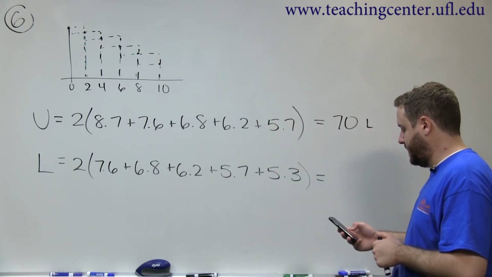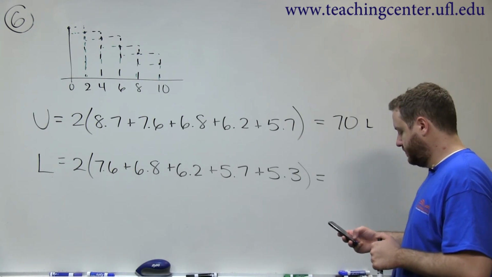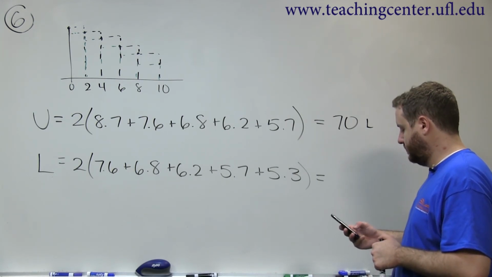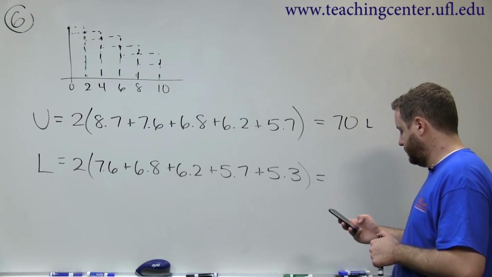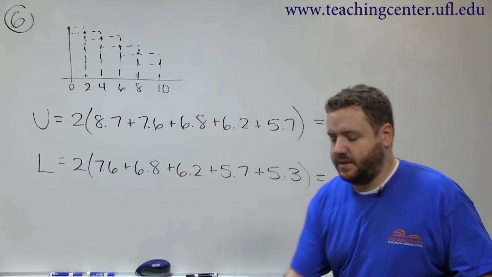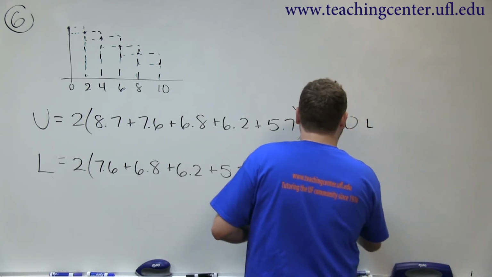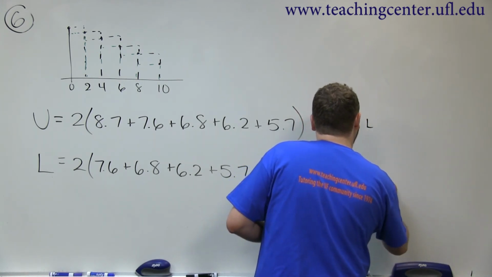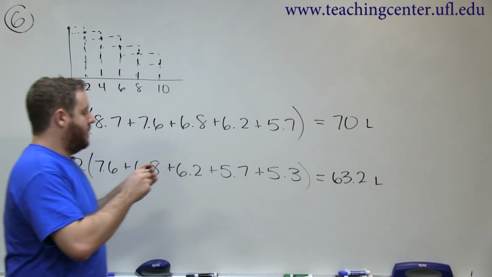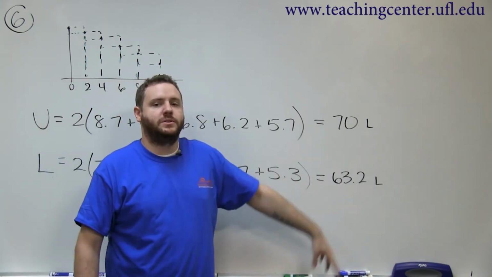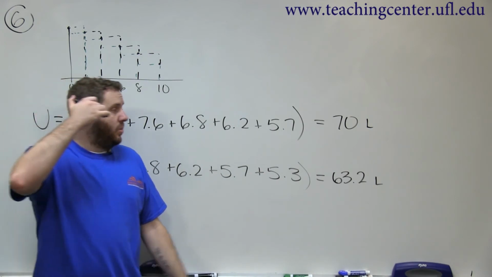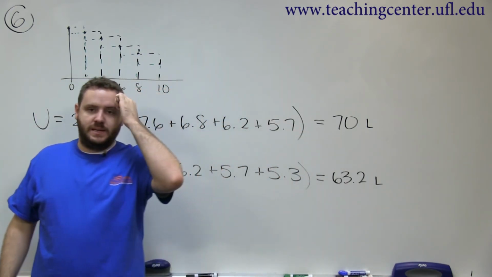And our lower estimate is 63.2. So best case scenario, only 63.2 liters leaked out. Worst case scenario, 70 liters leaked out.